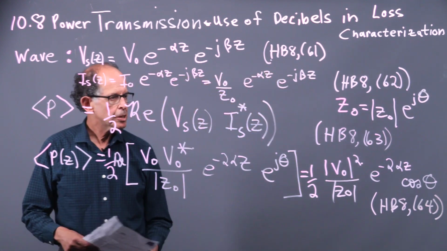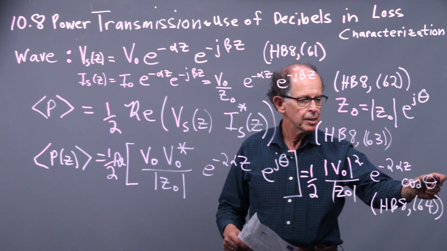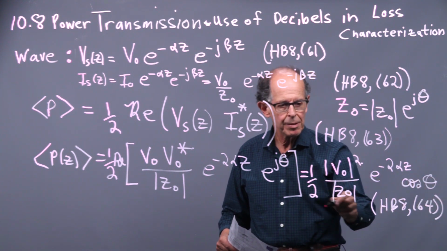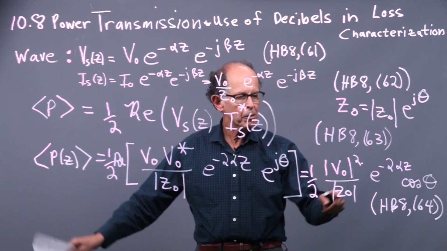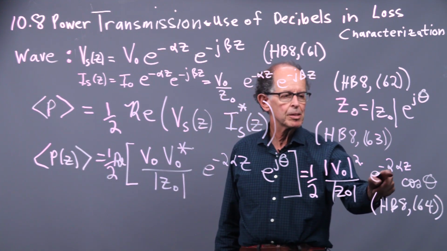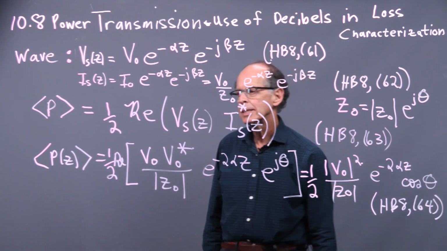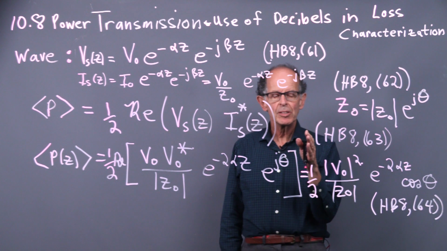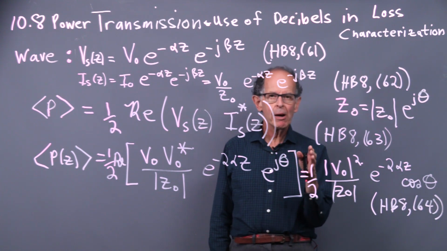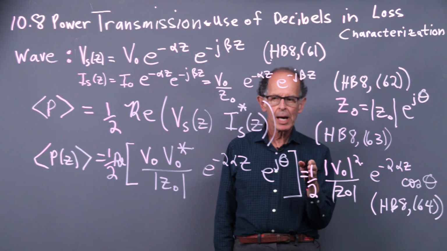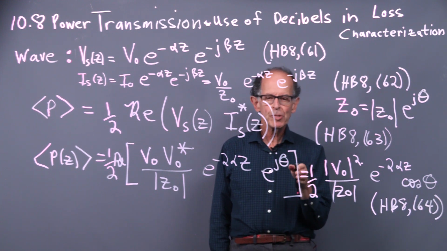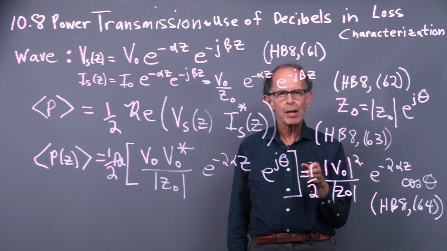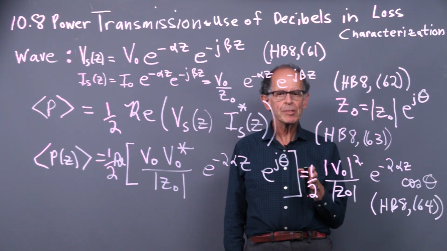Final point is you can see that this stuff here, cos theta, and all of that is the value of the power when z is equal to 0, so e to the 0 is equal to 1. Now, we can use this to start to think about how power is lost as we go down the line. And in the next board, you'll see what we do with this and introduce units of loss of power leading to decibels.